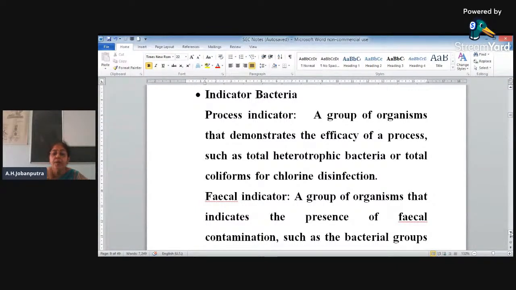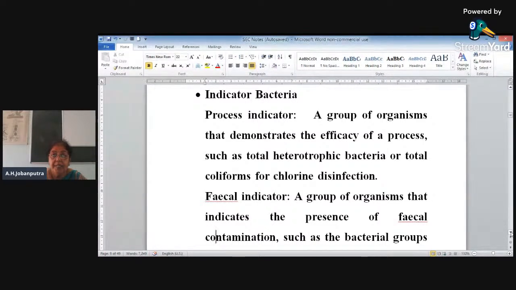These include the heterotrophic bacteria and the coliforms, usually after chlorine disinfection. If water is to be consumed, even if it is river water, bore water, any type of water, we carry out chlorine disinfection. After this disinfection, these bacteria, heterotrophic bacteria or E. coli, their number should be reduced considerably and they should not be present in large numbers.